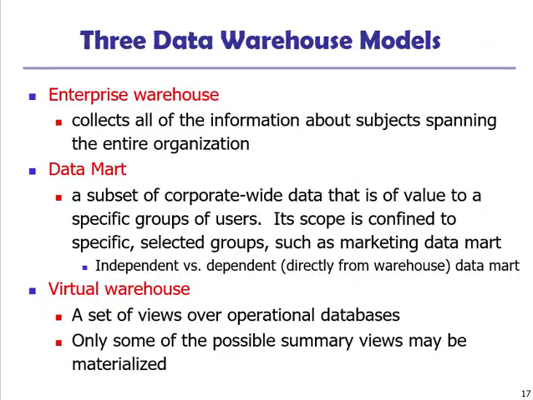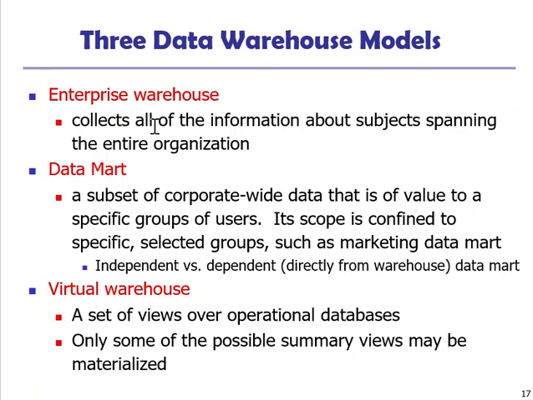Okay, so we mentioned the data warehouse and the data mart, and this is relevant information that we need to understand, that there's variance in terms of data warehouse models. In a large enterprise, you typically have an enterprise warehouse.